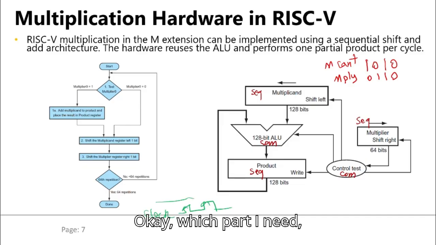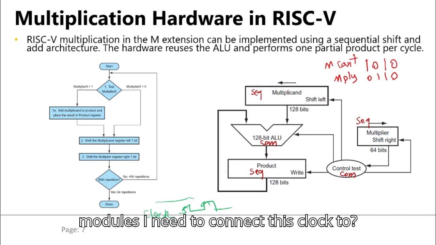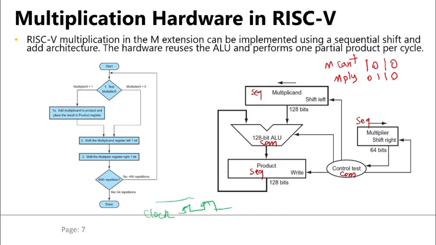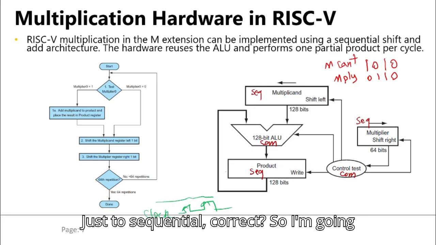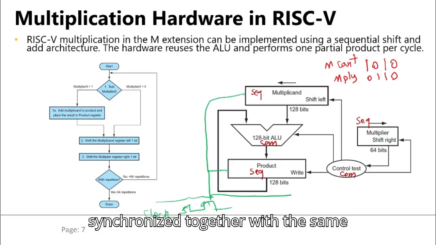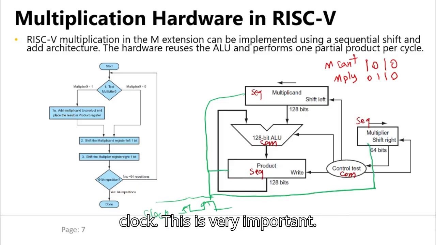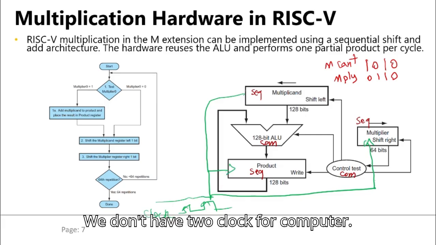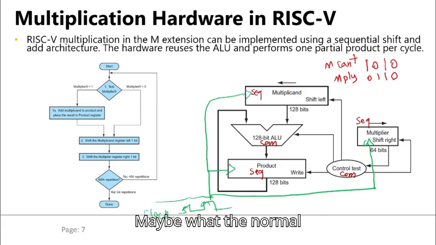Which modules do I need to connect this clock to? Just the sequential ones, correct? So I'm going to connect it to these, and they are all synchronized together with the same clock. This is very important. We don't have two clocks in a computer. Maybe, but normal computers have one clock.